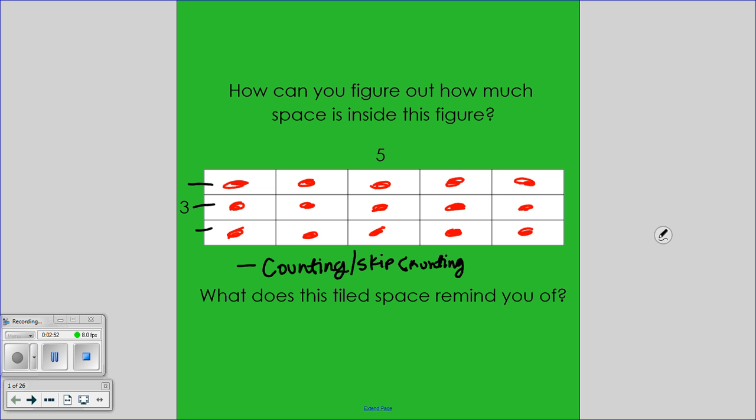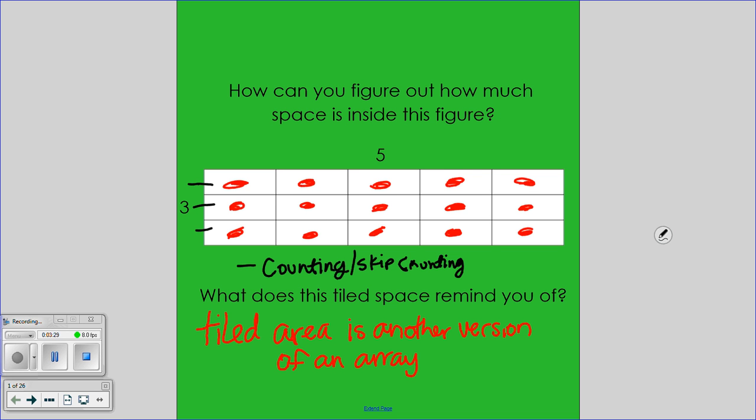Tiled area, which is what we're looking at, is another version of an array.